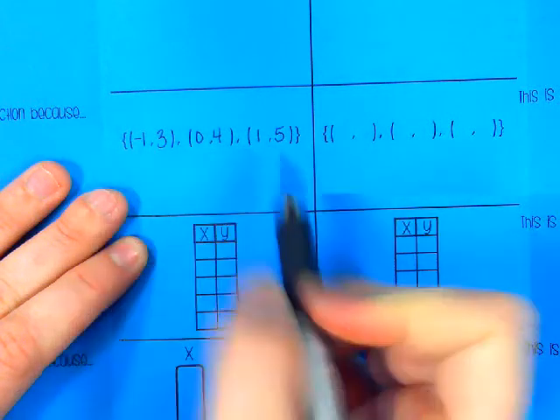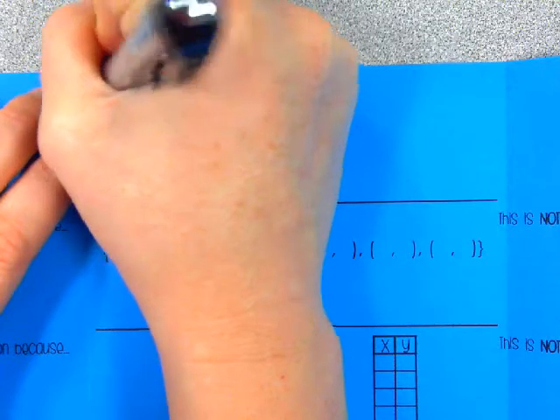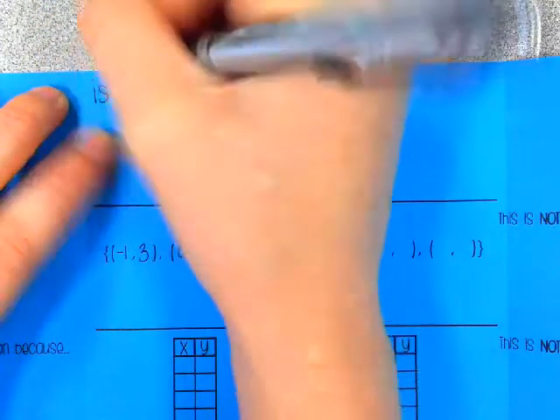Let's go ahead and up at the very top, we're going to write that definition we wrote for function, just so it's in the foldable as well.